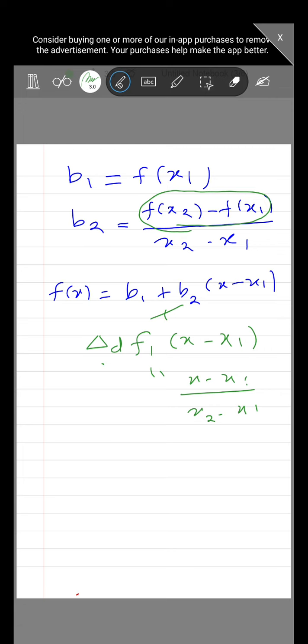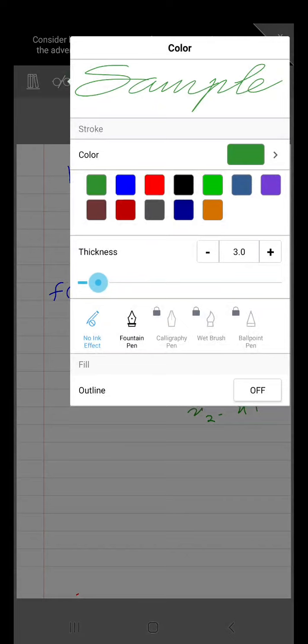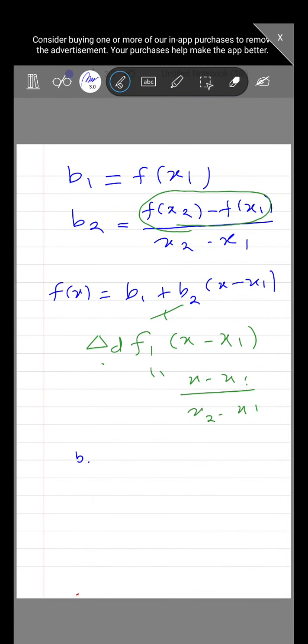And similarly, for the case of the third term, that is b3, there were two terms involved in it.